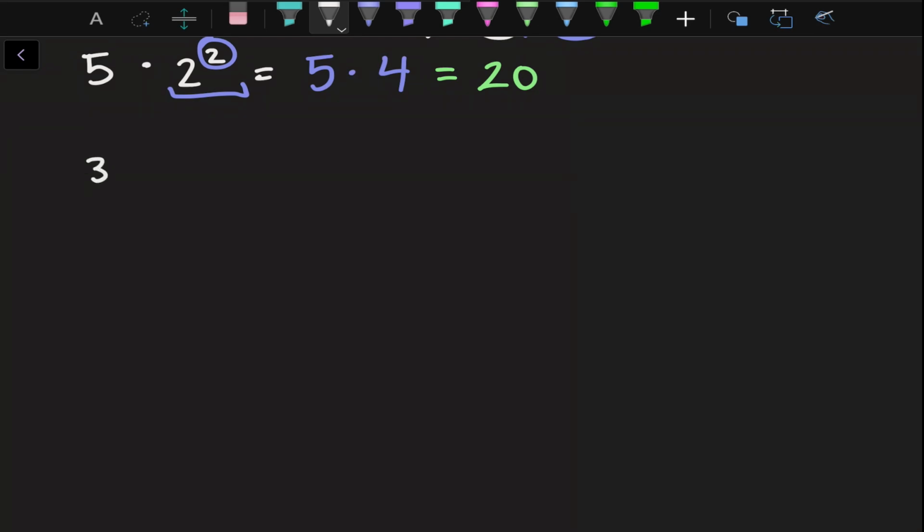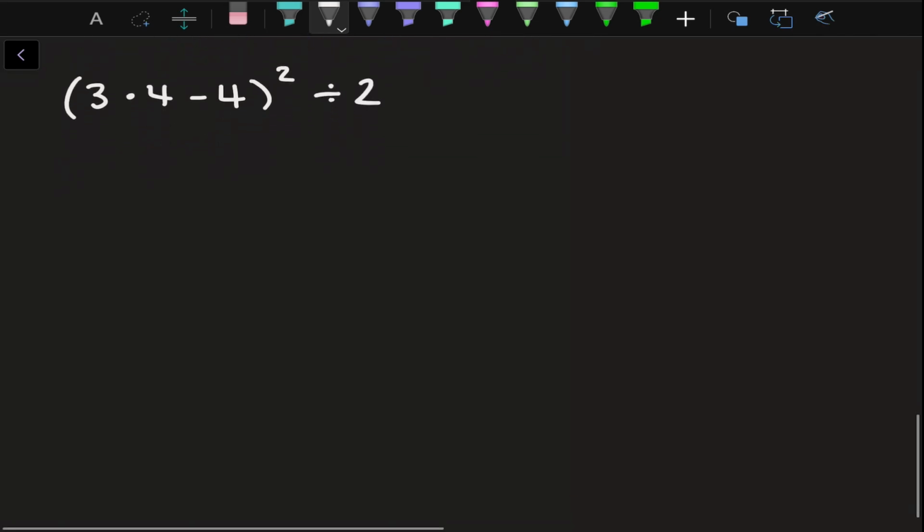3 times 4 minus 4 squared divided by 2. Okay. So again, if we think about BEDMAS, I won't write it out this time because we should have it memorized. We need to do our brackets first. So I have a set of brackets here. So what's in the bracket is going to get done first.